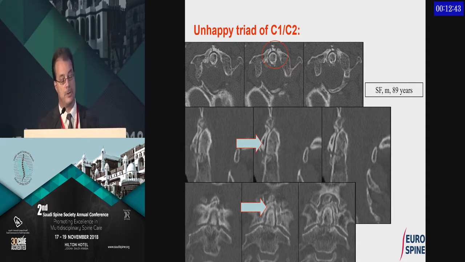But if you look more closely, you also find, in addition, a fracture of the anterior portion of the C1 arch. And if you look even more closely, you see that this patient, of course, has pre-existing degenerative changes, like the spondyloarthritis between the C1 ring and the odontoid.